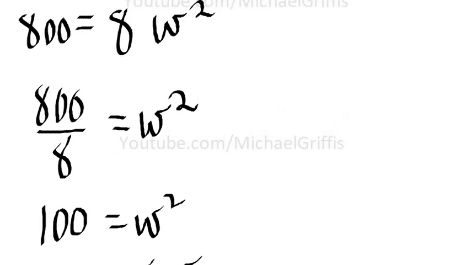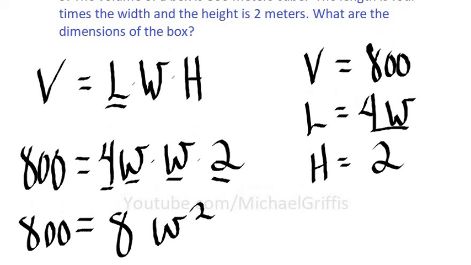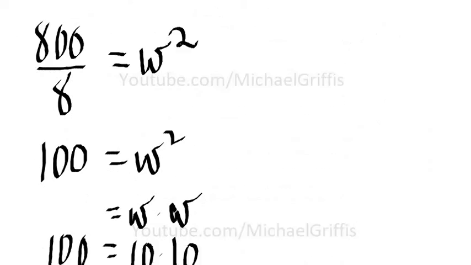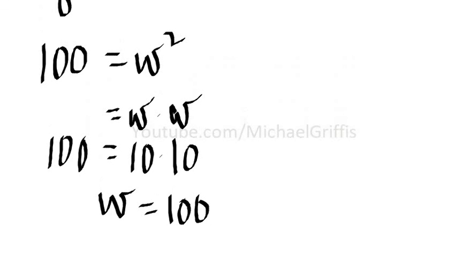Now let's go back up here. If W is 10, then L is equal to 4 times 10. I said W was 100, but wait a minute, W is 10.